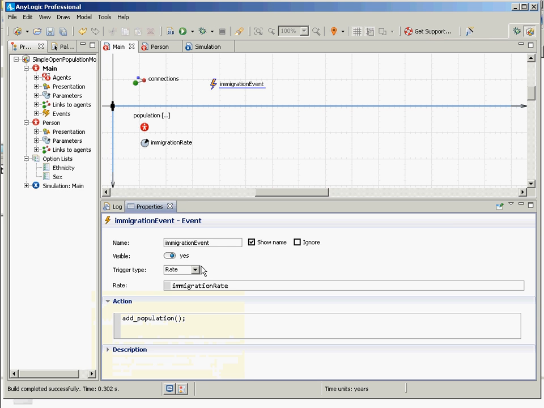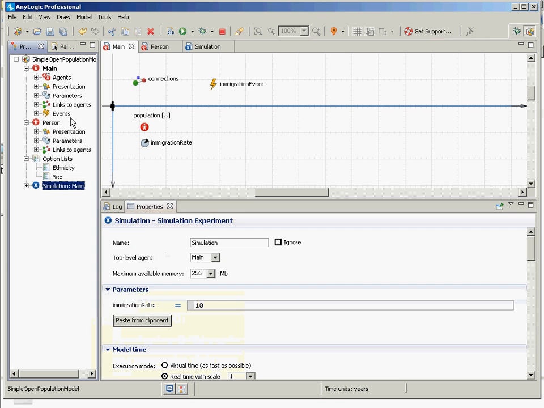So if you had a monthly rate, you could divide it by month, and it will be fine. If you had a daily rate, you divide it by day, and that would be fine. That's pretty nice.